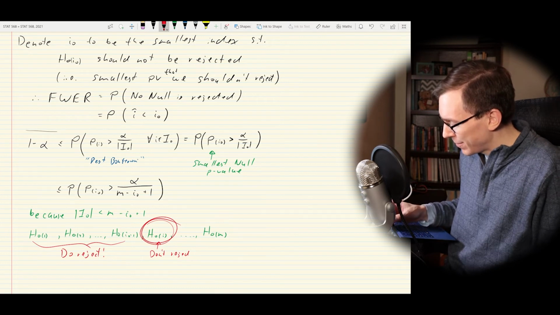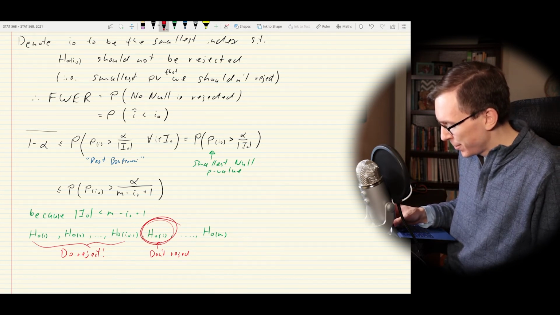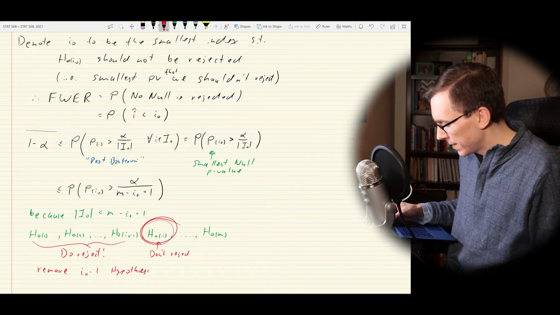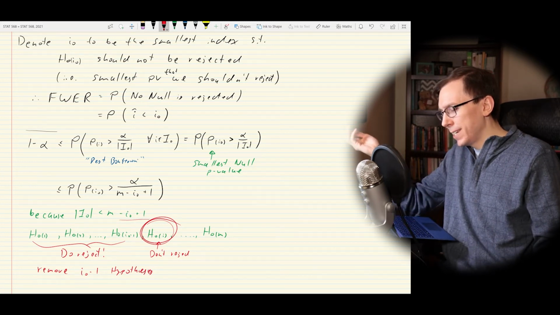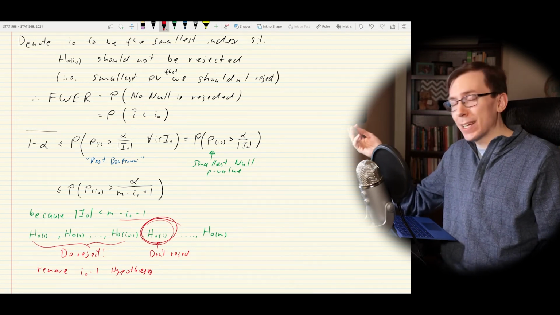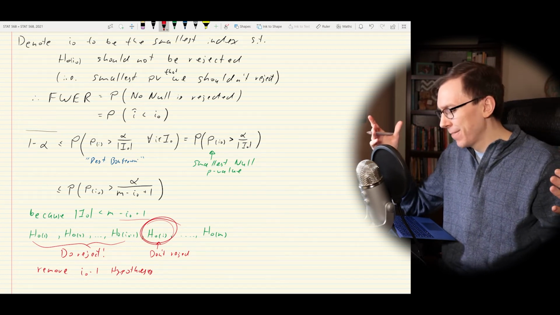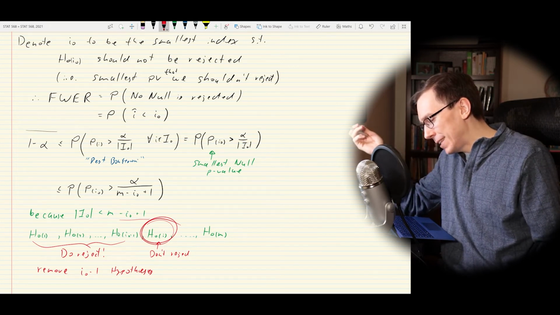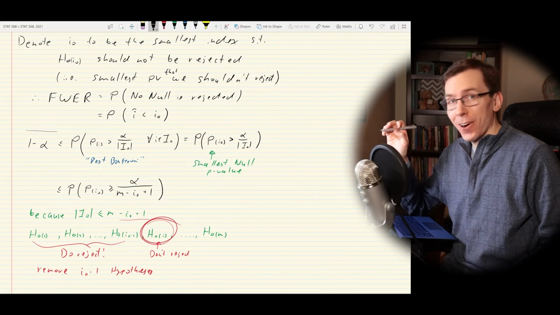And what is to the left of it? Well, there's basically I naught minus 1 hypotheses removed. And that's exactly why I subtract I naught minus 1 here. I'm saying that I don't know exactly what the cardinality of this I naught is, but it has to be less than that. All right, so where were we?